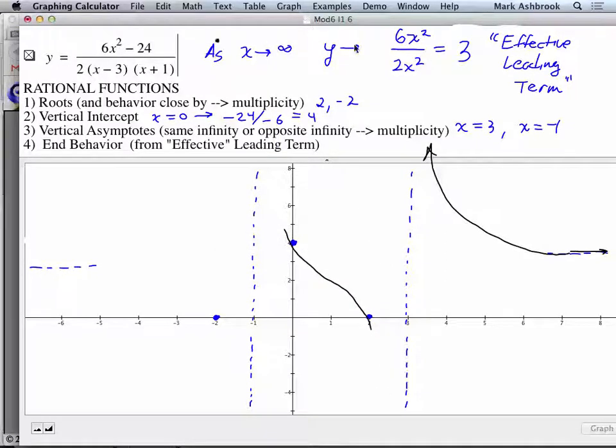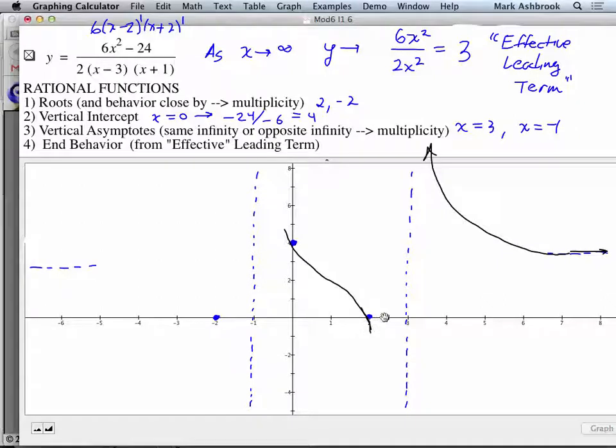And then again, multiplicities still hold. This numerator was 6, x minus 2, x plus 2. What are the multiplicities on those factors? 1, meaning that at those roots it's going to go straight through like a line. So we have that right here, going straight through like a line.